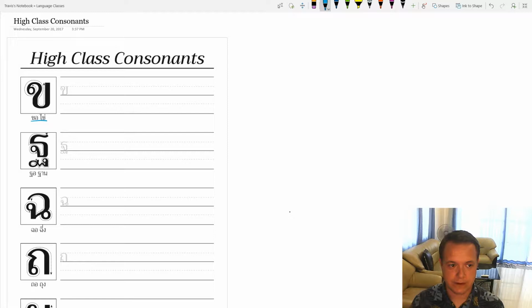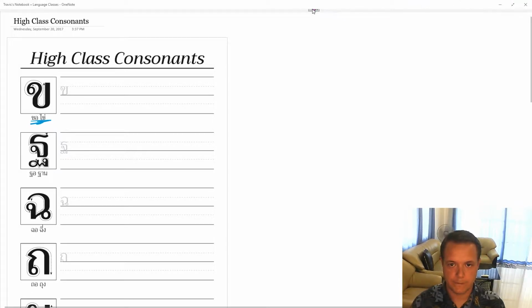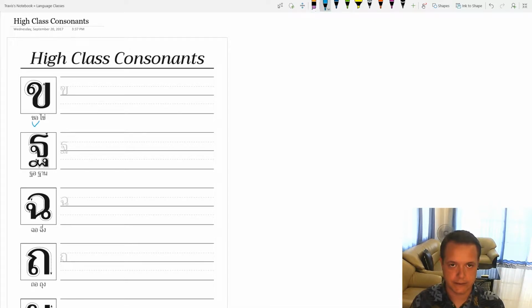You may notice something right off the bat about the high consonants, and that's that when we say Kha, Khai, the first one, well, the middle consonants were just a flat tone, like Ga, Gai. And yet when we say this one, Kha, Kha, it's actually a rising tone.